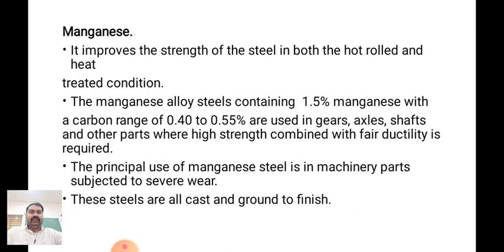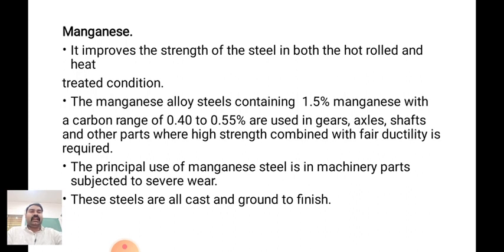The manganese alloy steel containing 1.5% manganese with a carbon range of 0.4 to 0.55% is used in gear, axle, shaft and other parts where high strength combined with a fair ductility is required.